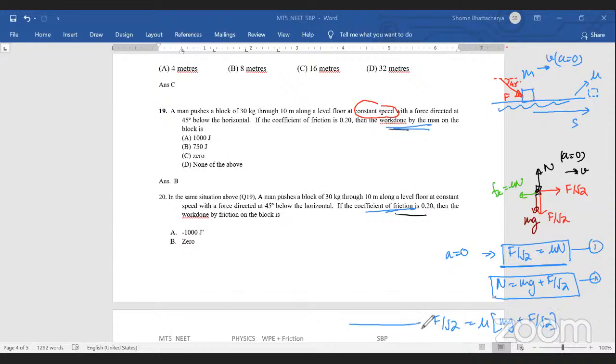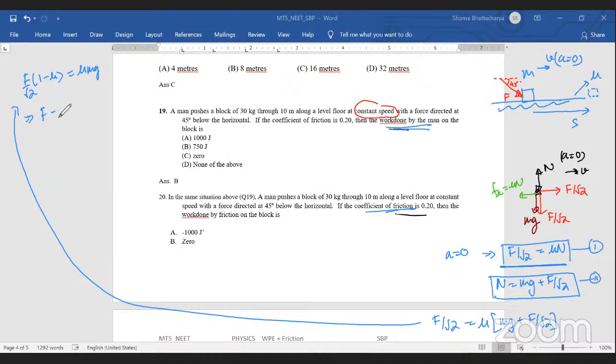Solving further, F by root 2 into 1 minus mu is equal to mu mg. So you get F is equal to root 2 times mu mg upon 1 minus mu. This is the formula for F that you get. And now you know m and mu, so you can easily work out the value.